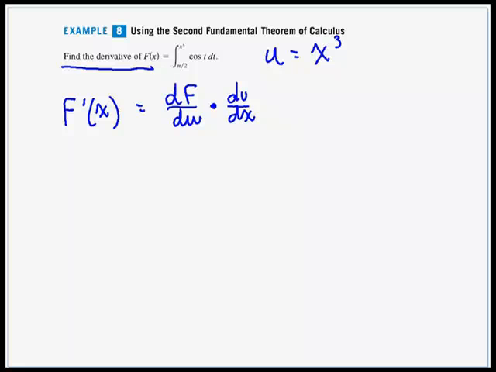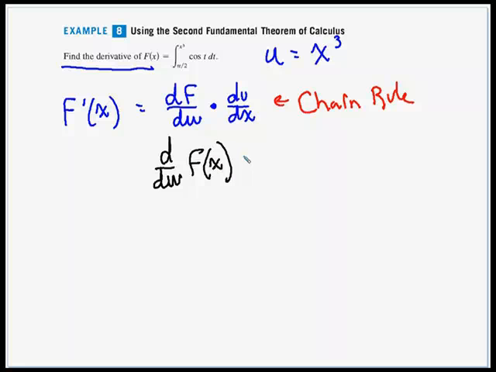That notation should look familiar. That is chain rule. Another way we can rewrite this first term, dF du, is d du of F of x, times our du dx.